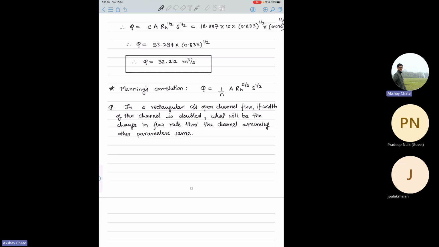another type of question can be for the channel, if the depth or the height of the flow is doubled or halved, maybe I can say if the slope is changed. So what I'm trying to say is, using this equation, many other types of questions can be framed.